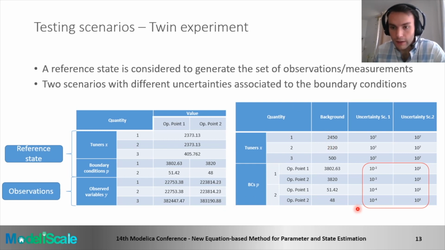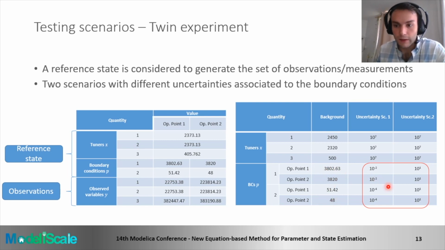Then we have considered 2 scenarios. For both scenarios, we consider the mean background. As you see, for the tuners, we consider different values for the background than the reference states, so we are going to see if we are able to find them again or not. For the boundary conditions, we have the same, but these can usually be measured, so we use them.